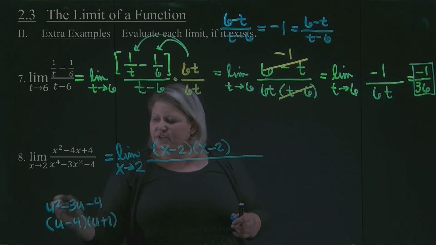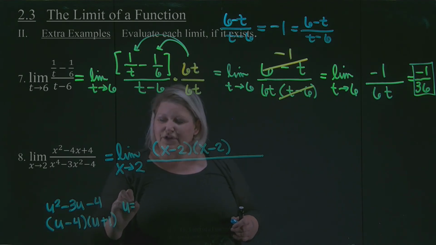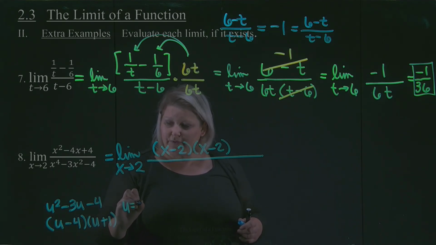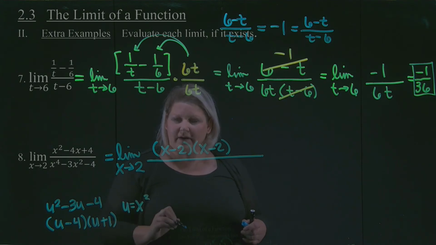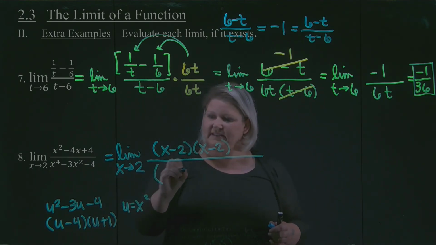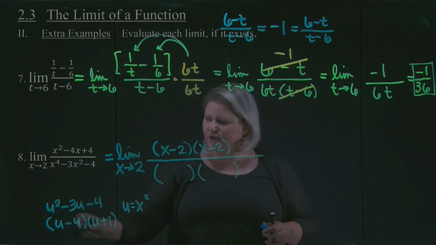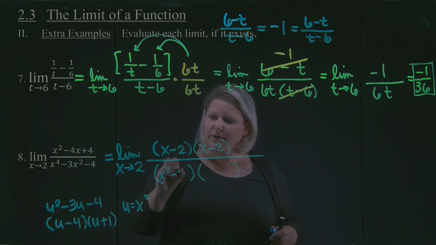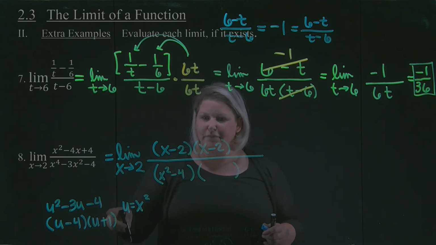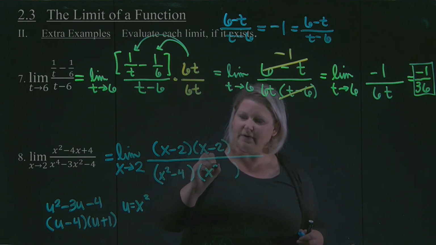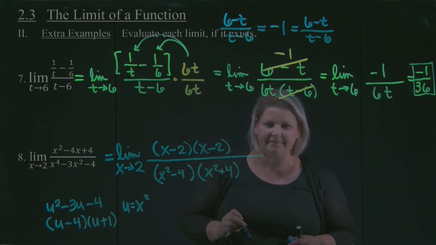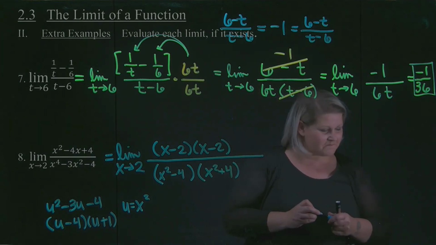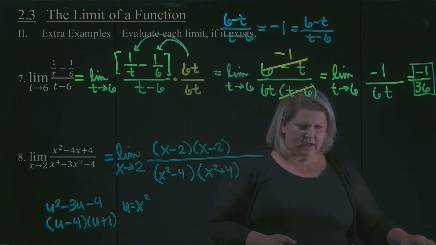Anyways, when we do this, this is like assuming that u is equal to, in this case, x squared. So instead of u minus 4, it's going to factor into x squared minus 4, and instead of u plus 1, it's going to factor into x squared plus 1. Neat trick, huh? All right.